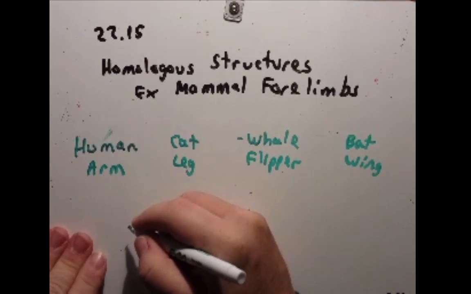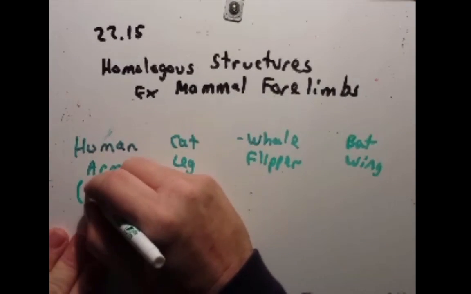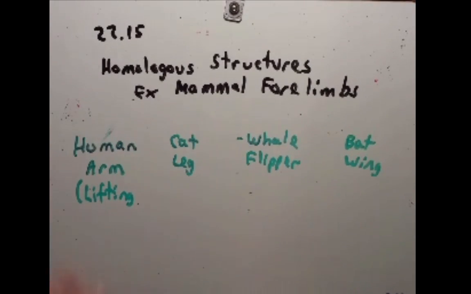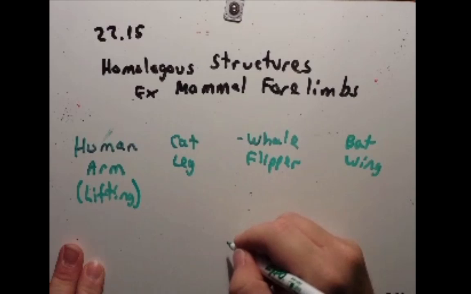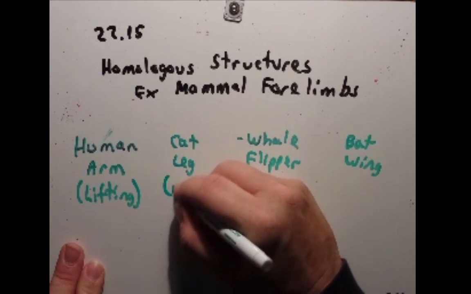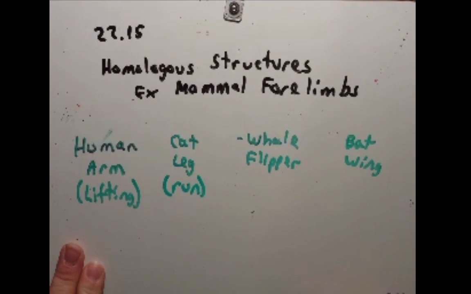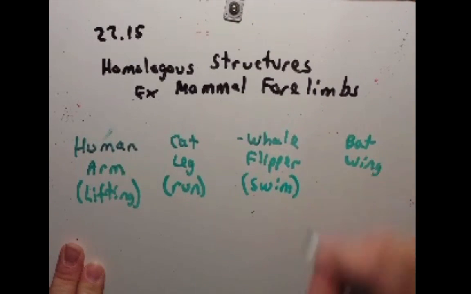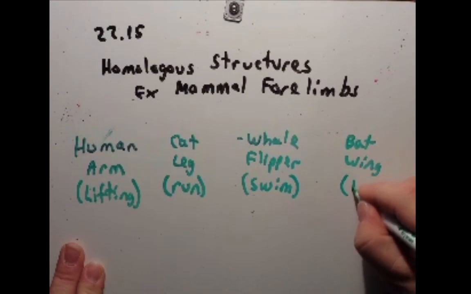Human arms serve several functions, but let's say they're designed for lifting. Cat legs for running. Whale flipper for swimming. Bat wing so they can fly.